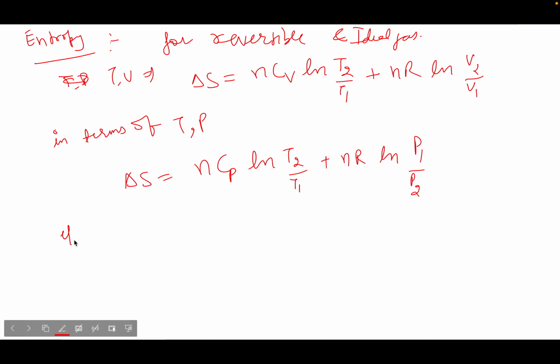And if the temperature is constant, for an isothermal process, ΔS is equal to nR ln(V2/V1), which is equal to nR ln(P1/P2).